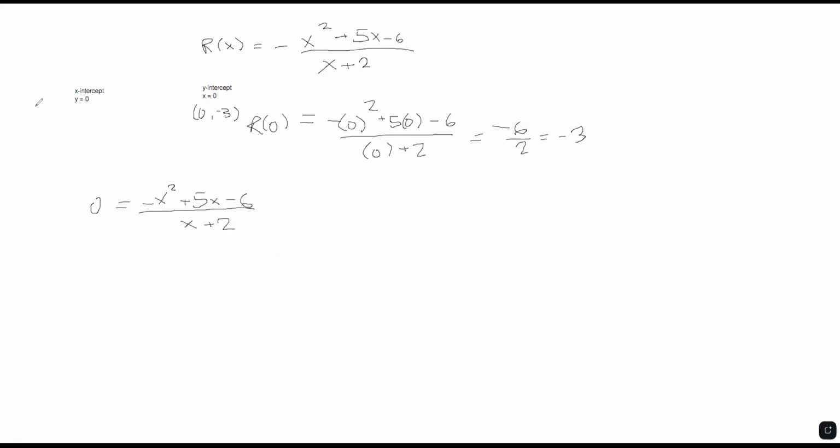It's tricky because x appears in multiple places. It's here with the second degree, and it's here, and then it's also in the denominator. So just like last time, can you think of a way to get rid of this denominator so we only have the quadratic to deal with?